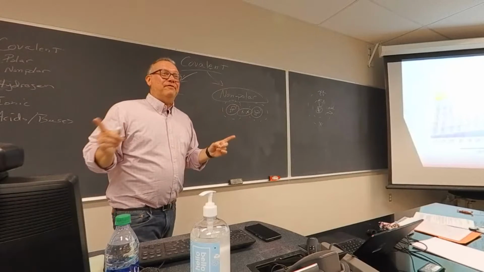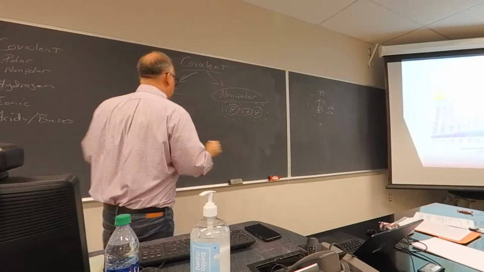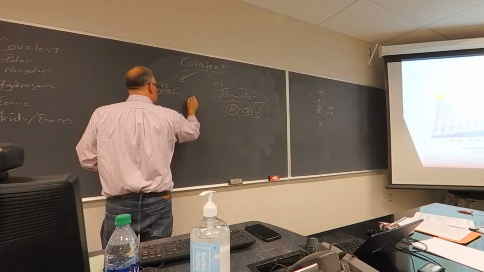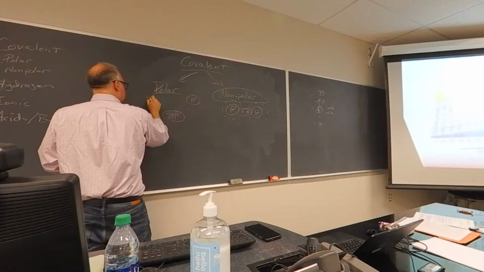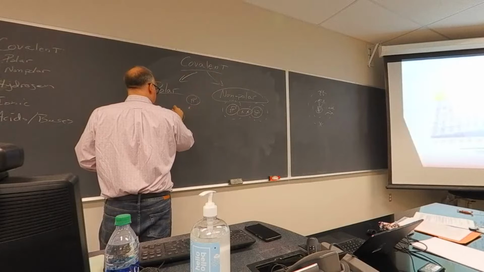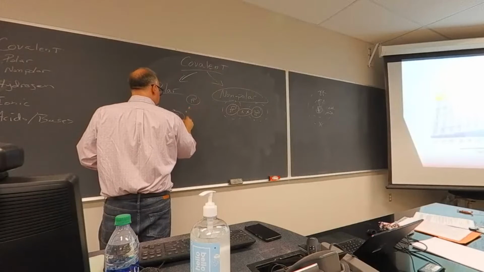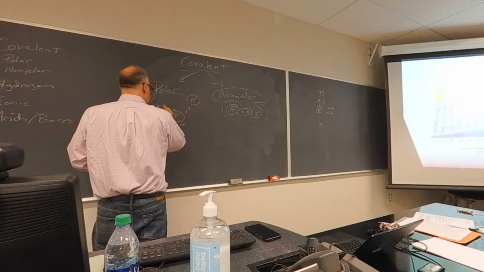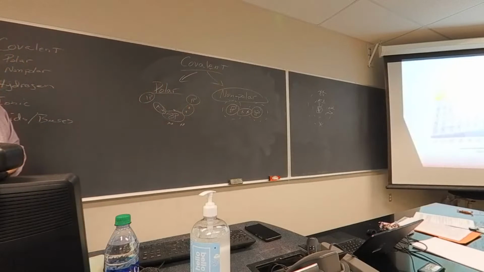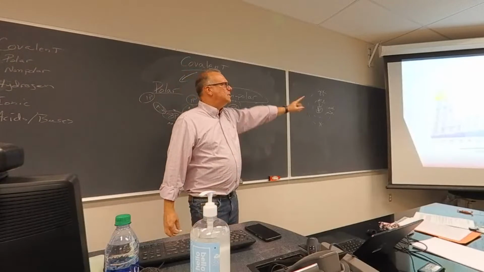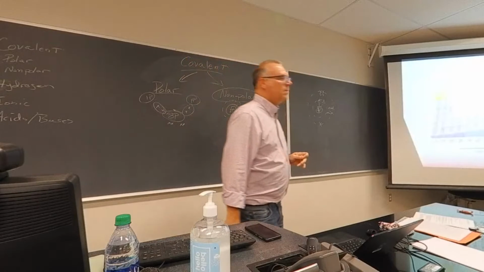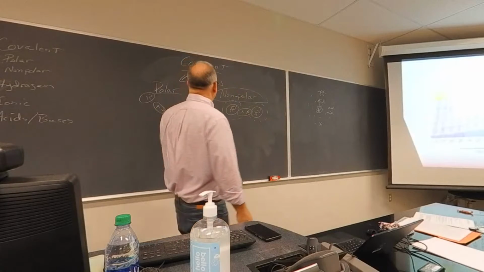However, if we have our water molecule, the protons, one proton, innermost, and then electronegativity, hydrogen is 2.1, oxygen 3.5.